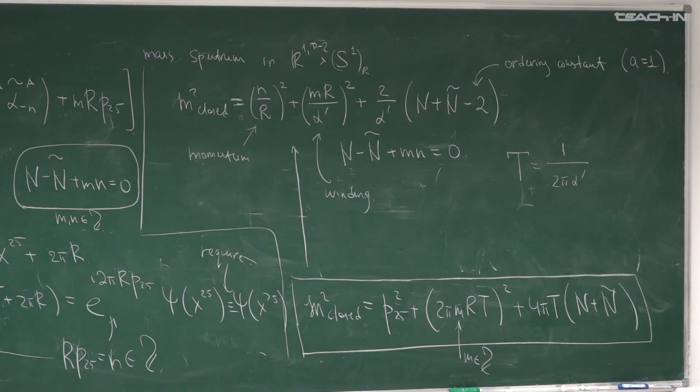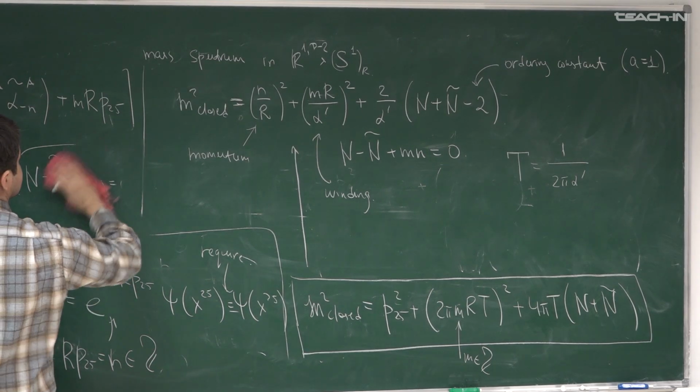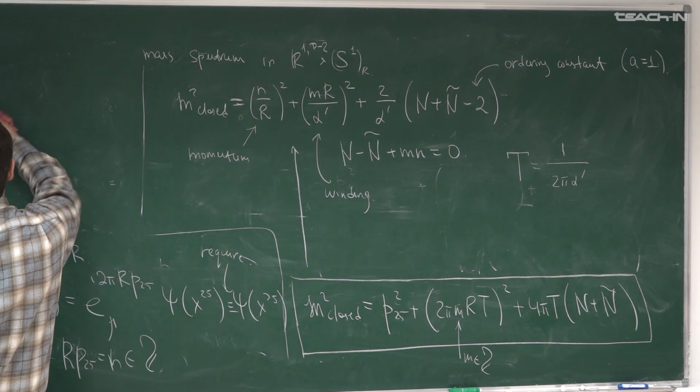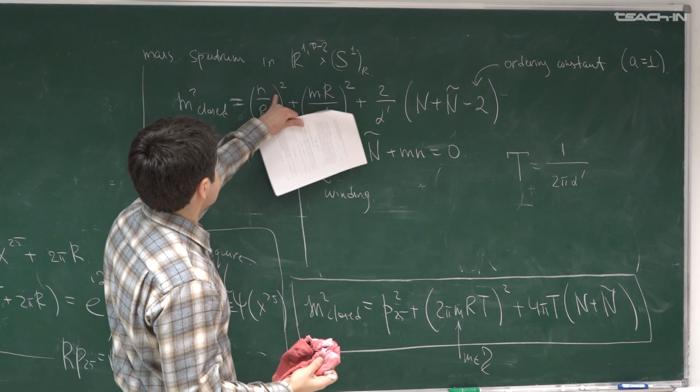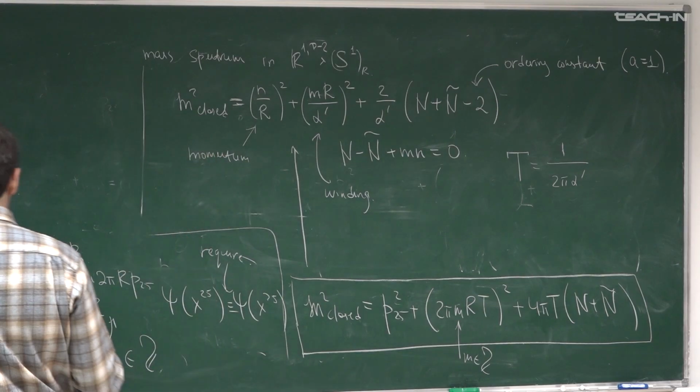Okay, so what is interesting about the spectrum? The interesting thing is that it has a discrete symmetry of interchanging n with m, essentially.